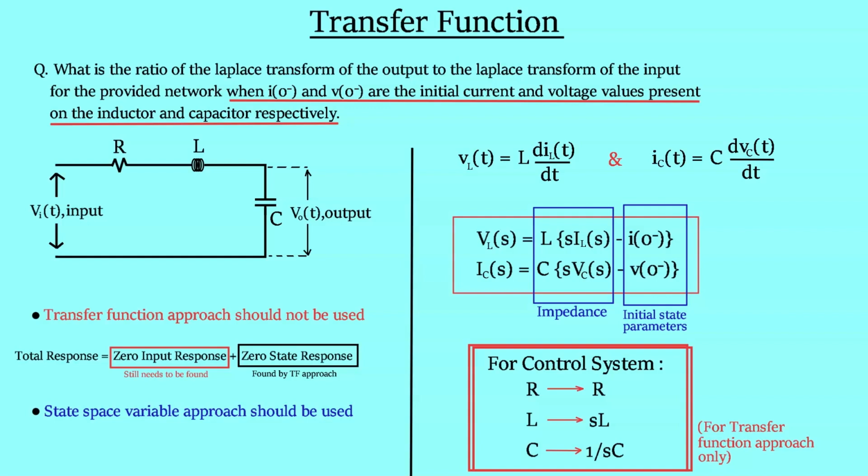Remember, this will be used only in control systems, and that also only when the initial conditions are zero. You should not be using these equations in electrical circuits or whenever in the question there are initial conditions for inductor and capacitor.